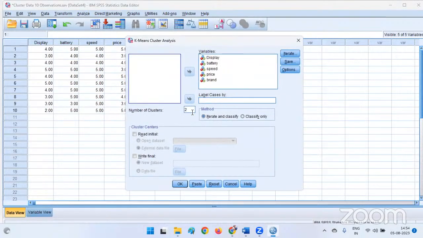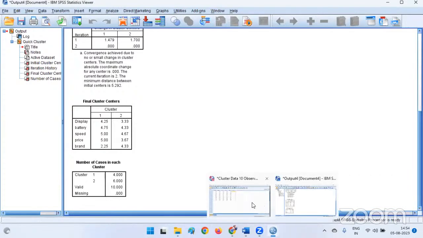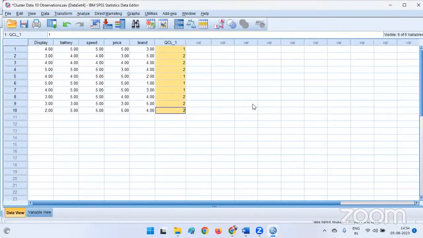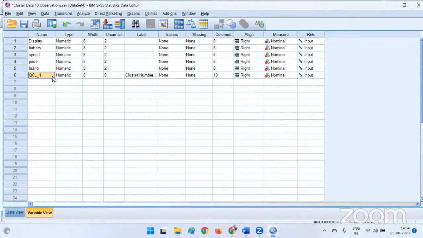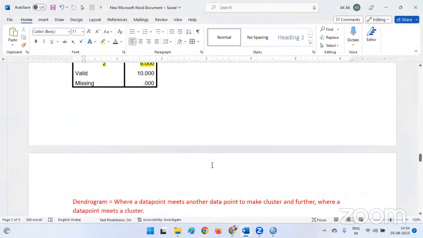So in K-means cluster, I make two clusters. Okay. So let's see, the membership is there. I'll write the name membership. This membership is a categorical variable.